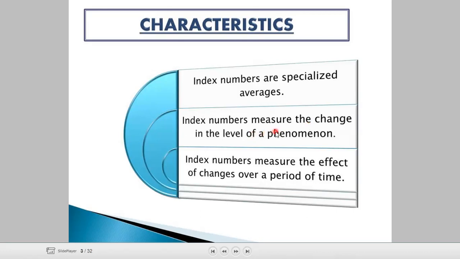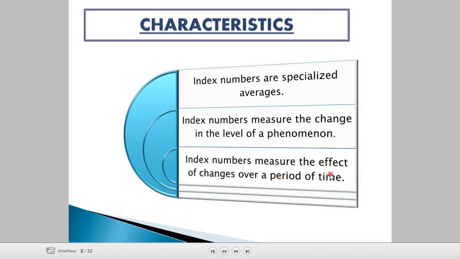Index numbers are utilized to measure the changes in the level of a phenomenon, that means in the value, price, quantity of one item with the value, price, quantity of another item with the passage of time. And index number measures the effect of change over a period of time.